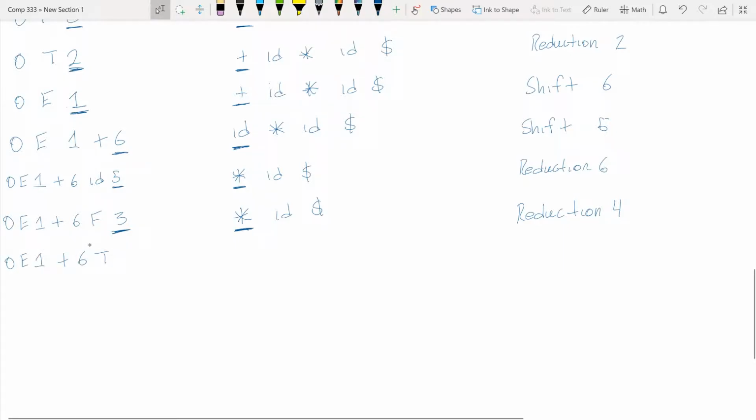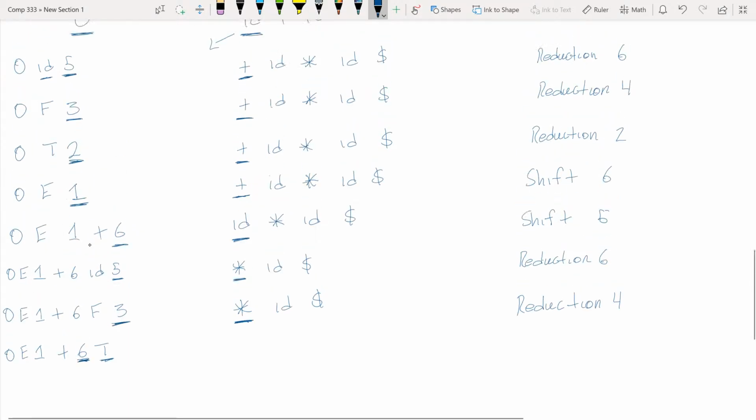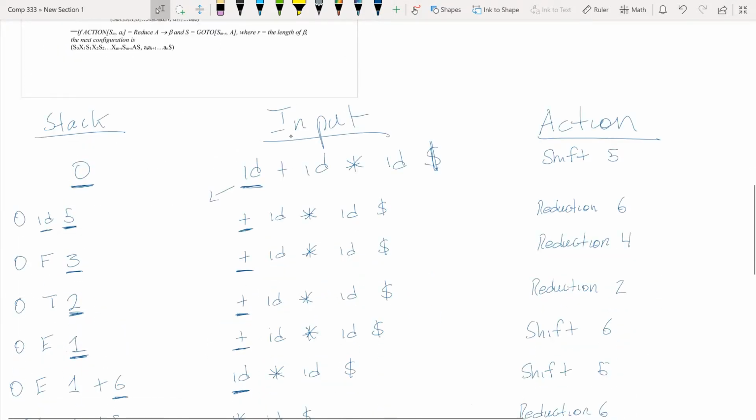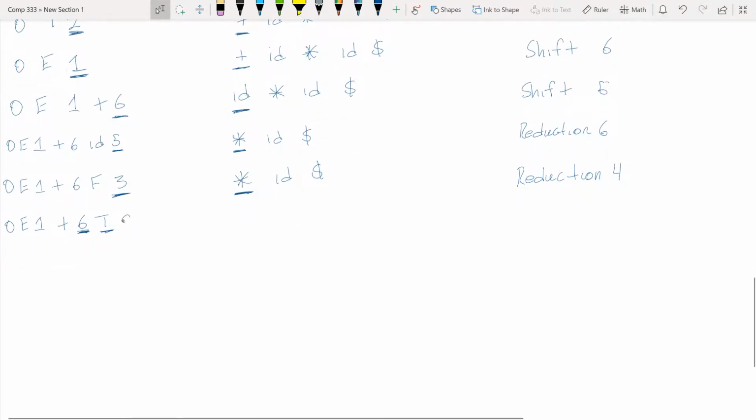So we copy down everything over, except for the 3. We look at 6 and T to look at what number we're going to have there. So we have 6. We have 6 and T, and we get a 9. Okay. So here we have a 9. And we bring this down because it's a reduction. We bring everything down.